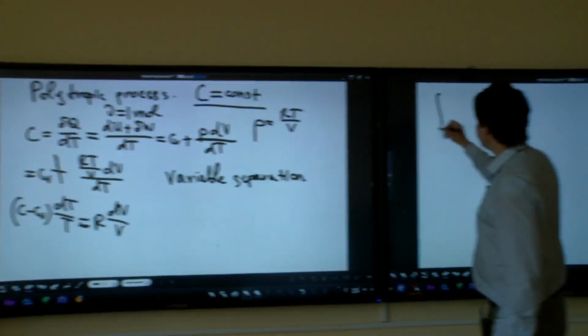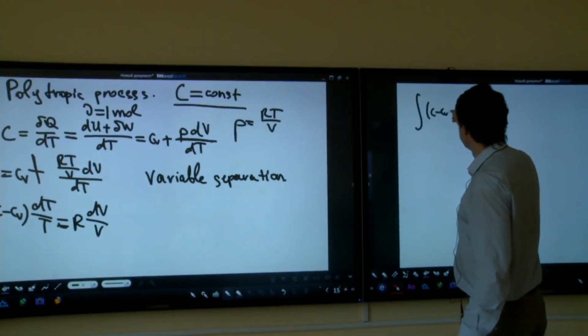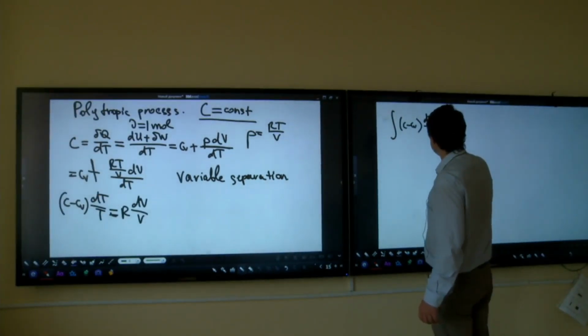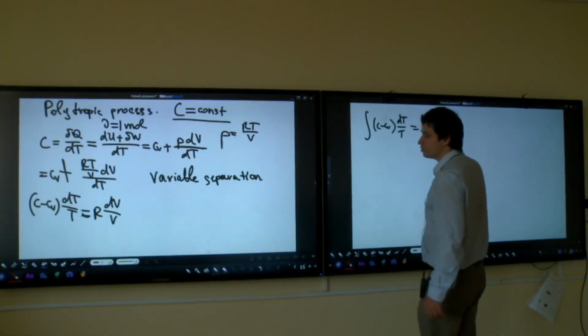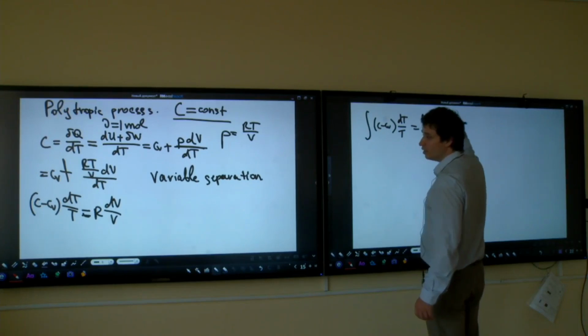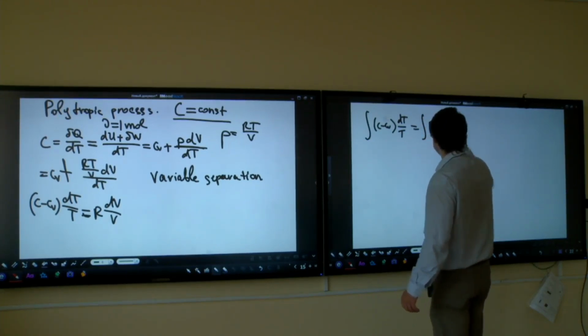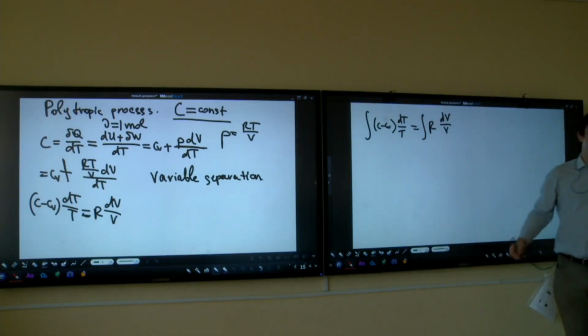So we write the following: the integral of (C minus Cv) dT over T equals the integral of R dV over V. That's the main procedure for solving equations with separable variables.